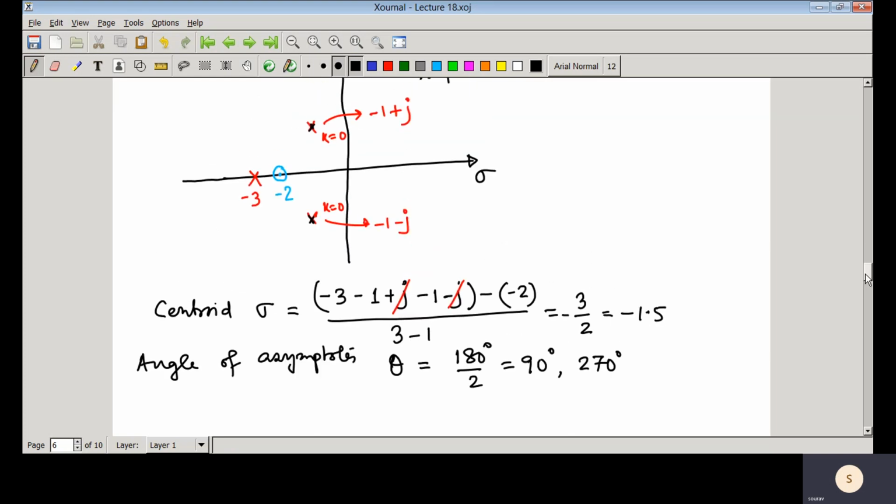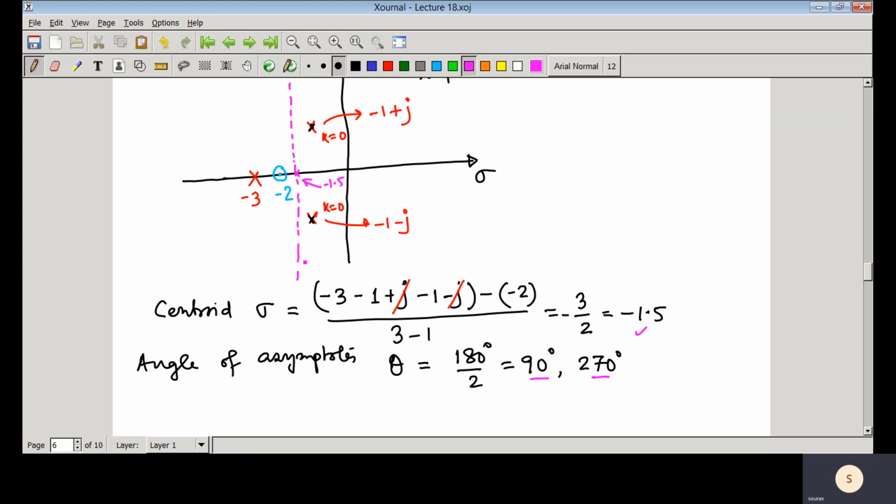So you can see that the centroid is at minus 1.5, this is that point, and angles are 90 and 270. So basically your asymptotes would be like this.